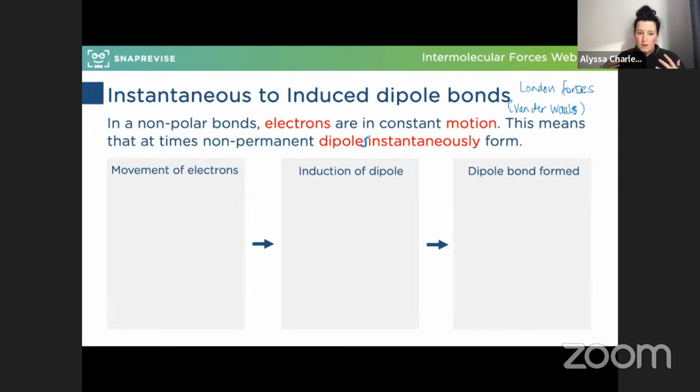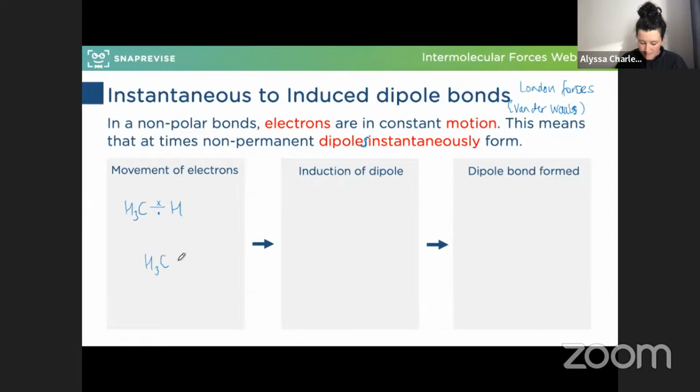So when we've got non-polar bonds, or bonds that are normally non-polar, for example, those within methane, if we look at the electron placement within methane, in a carbon-hydrogen bond, normally electrons exist very centrally between the two atoms.